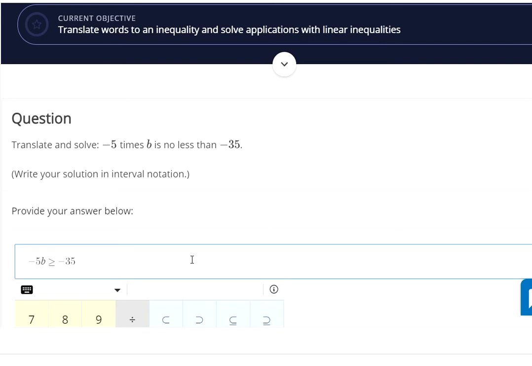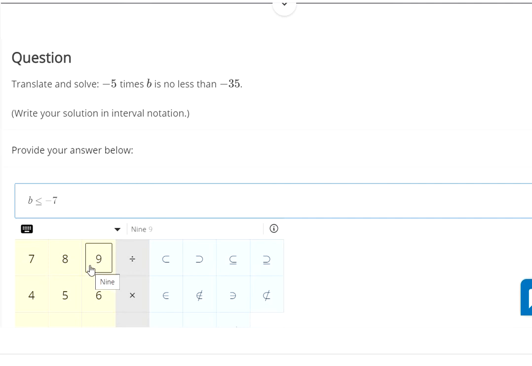And so that's the inequality you have to solve. And so when you divide by -5 on both sides, you've got to flip the inequality symbol because you're dividing by a negative. So this becomes less than or equal to. And to type that, I'm typing the less than key, then I'm typing equals directly after. And then -35 divided by -5 gives us 7. So that's our solution in inequality notation.